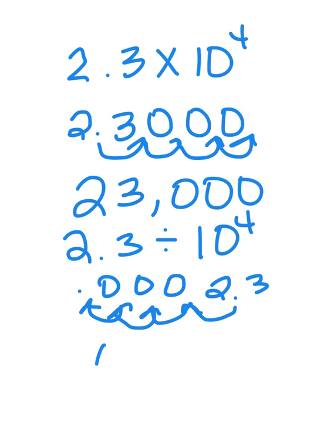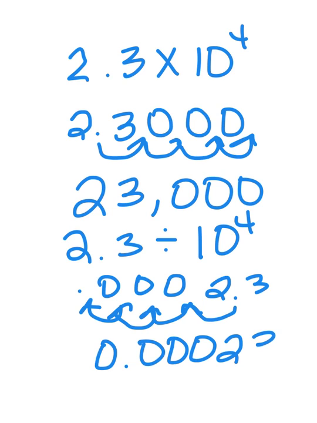So our answer is going to be 0.00023. We've moved our decimal 4 places to the left because our exponent is 4. Now I'd like for you to complete problems 7 through 13 on that page that we've been working on, and then I will show you the answers.